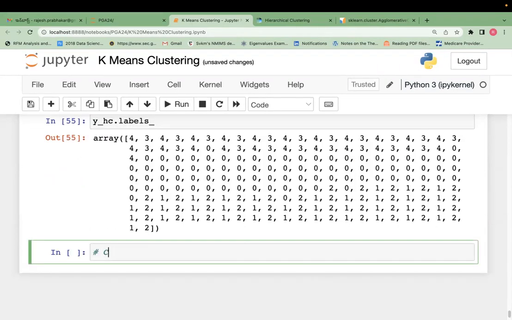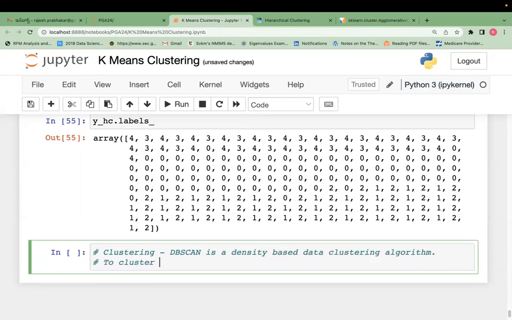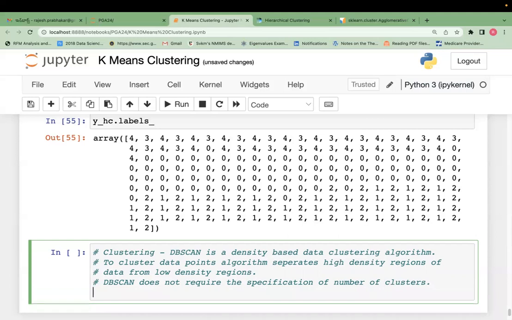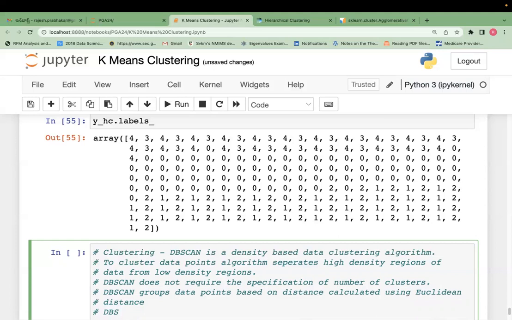One other clustering technique, which is very popular and powerful, is DBSCAN, density-based clustering. To cluster data points, the algorithm separates high density regions from low density regions. You don't need to specify the number of clusters in DBSCAN; it does it automatically. The distance calculated is Euclidean, and DBSCAN is good at handling outliers.